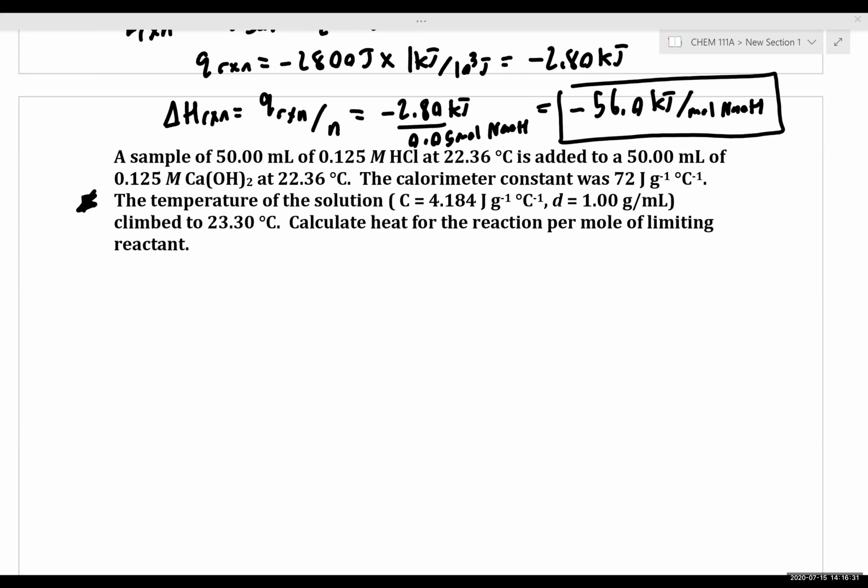Let's spend about another 2 to 3 minutes on the first part of this example, and let's just try to identify the limiting reactant.